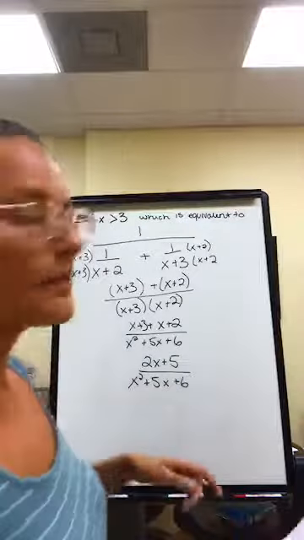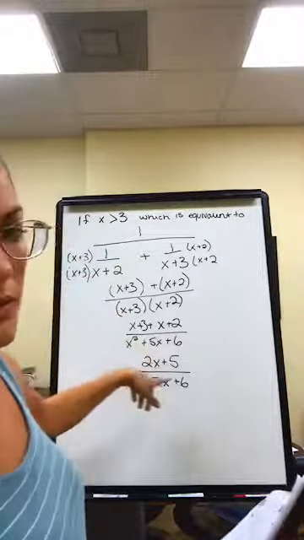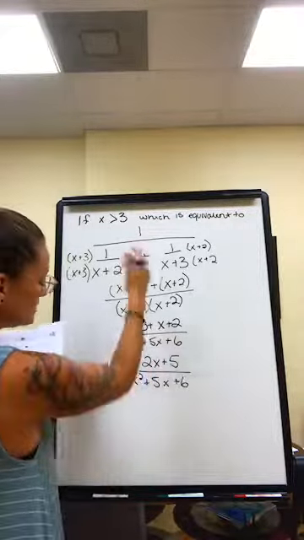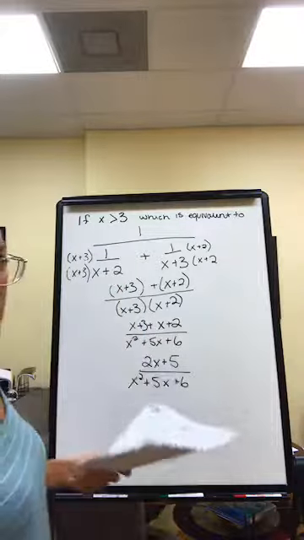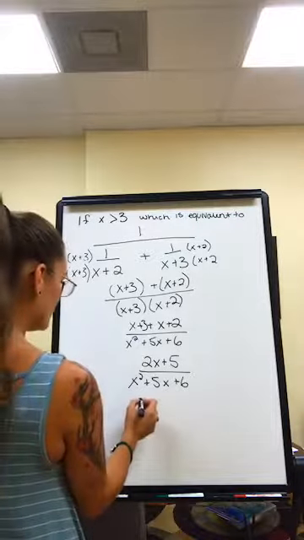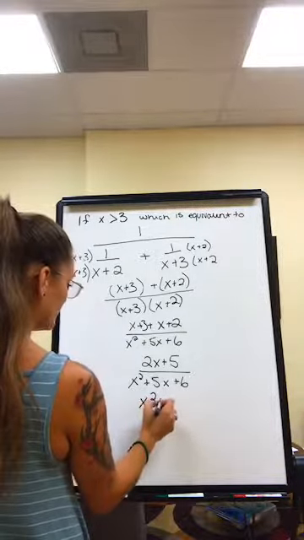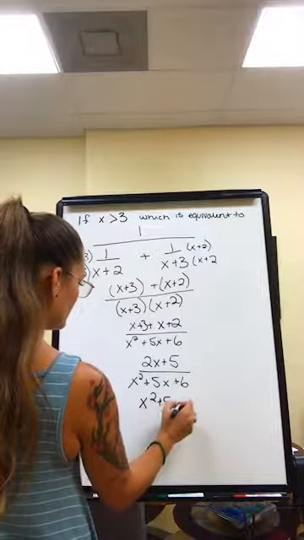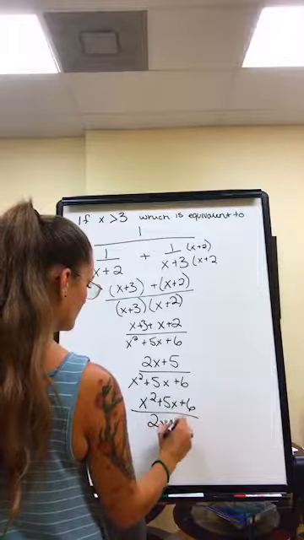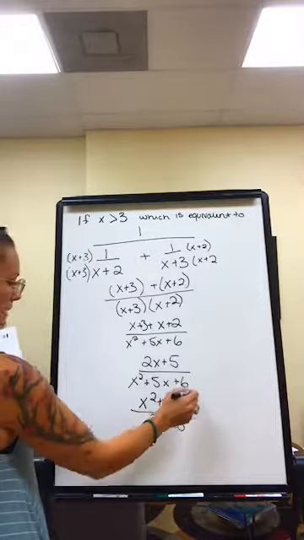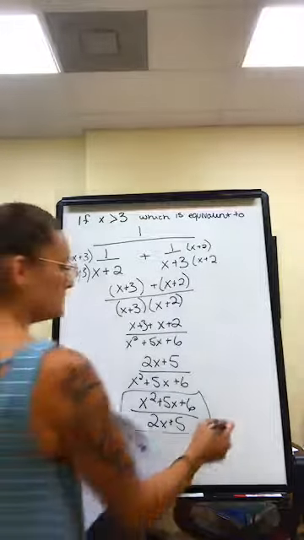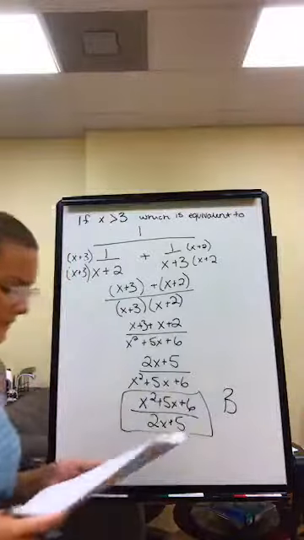Now remember, we have 1 on the top divided by this whole thing, all right? So I'm going to flip this and multiply it times 1, which is basically just going to be this flipped. And that's going to be our final answer. That is choice B. Okay?